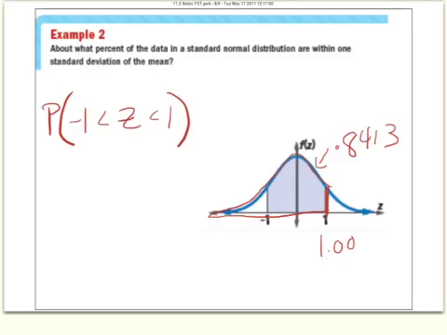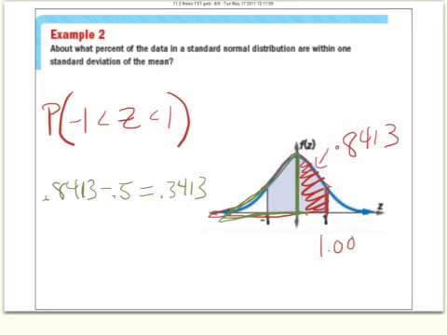Well, there's a couple things you can do. Here's the first thing you could do. You could realize that half of the curve is right here. And you could take the 0.8413 and subtract out 0.5. Okay. If I do that, I'm going to get 0.3413. That means this right here is 34.13% of the graph.